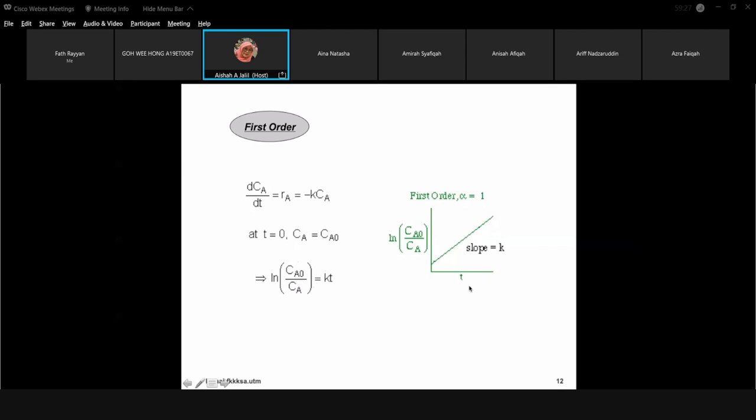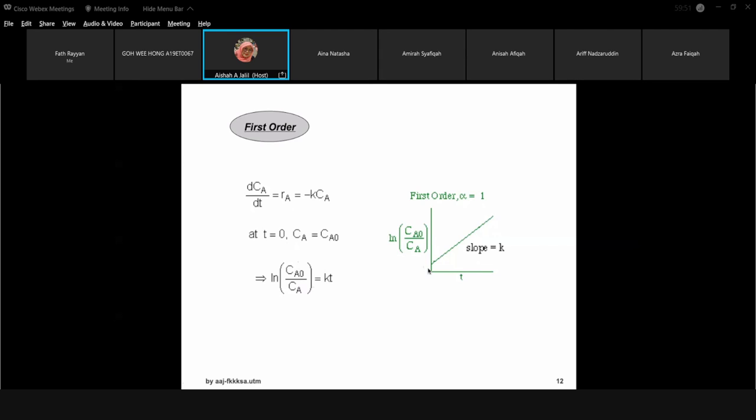So just t here. You get the slope, you get k. If you assume the reaction is first order, you will plot this graph. Then when you get a straight line, it is okay. That is the exact answer for you.